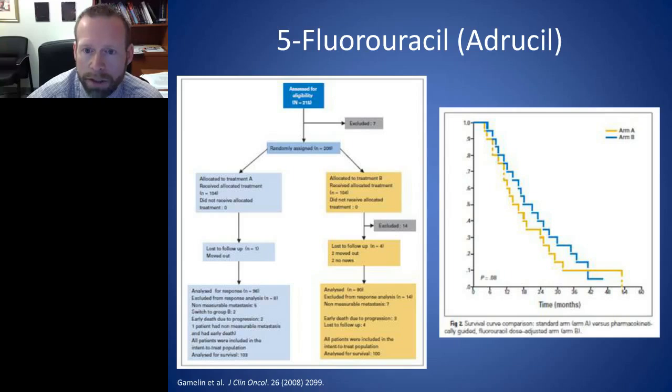What's interesting here is arm A is the standard dosing, and arm B is the pharmacokinetically guided dosing. And you'll see that patients did better or had an improved clinical outcome in the pharmacokinetically guided arm of the study relative to the non-guided arm of the study.